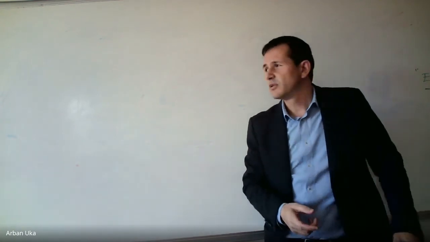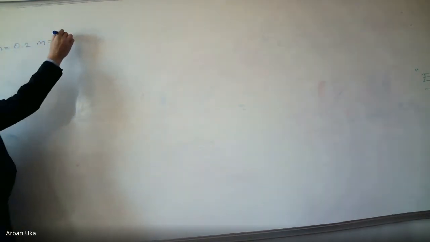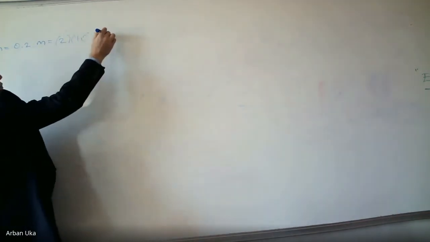So now let's have a look. If the length scale of our antenna, let's call it length L, is 20 centimeters, which is 0.2 meters, which is 2 times 10 to the power minus 1 meter, then what could be the wavelength of this wave that is being picked up by this metallic conductor piece?